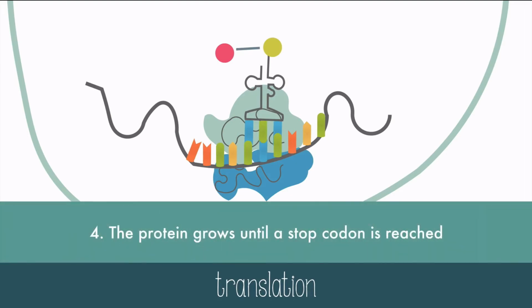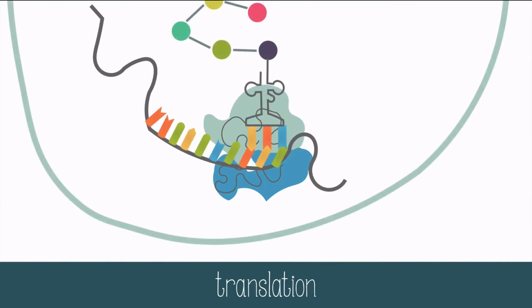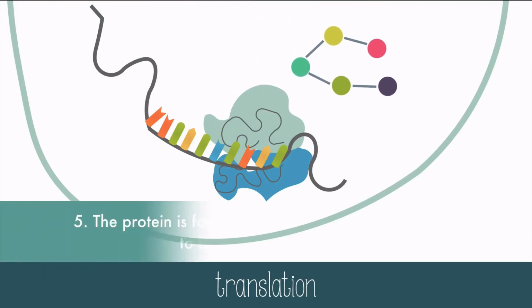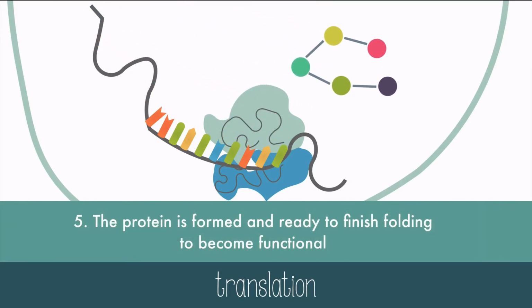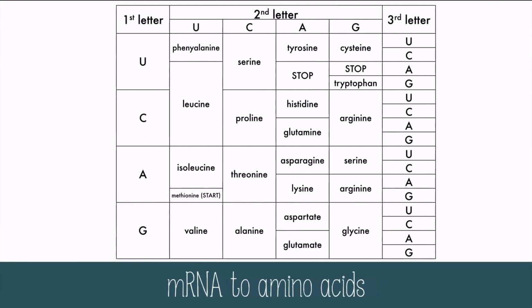The protein grows, so you get more and more amino acids until you get a polypeptide. So now the protein is formed and it's ready to finish folding to become a 3D tertiary structure to become a functional protein.